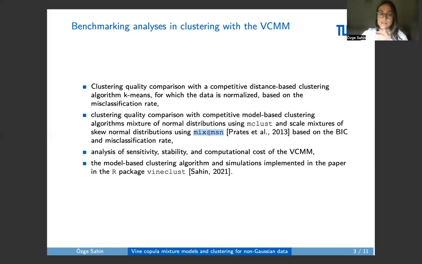To make the algorithm available for everyone and to make the simulations replicable, we are also providing its R package called vineclust. It is currently on GitHub, not on CRAN, but it can be used as a pure R package using the link under the GitHub.